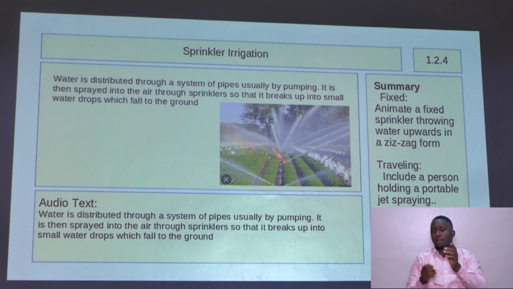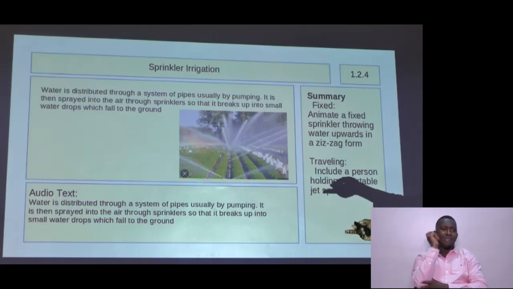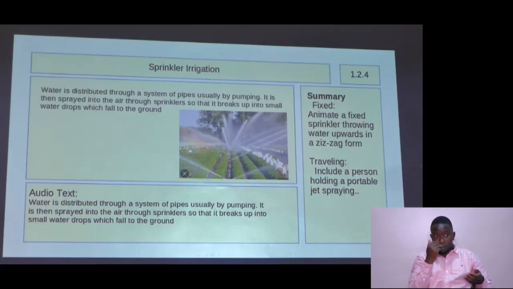This picture, our intention is to show the animator the kind of sprinkle that we want out. That's why this image is there. And then the text here is reading the definition of sprinkler irrigation. Why? Because we have to include also the blind people to know about sprinkling.